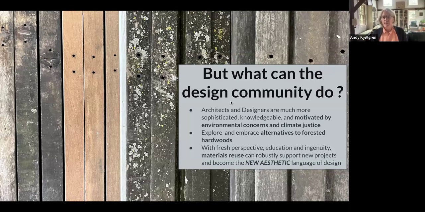But one of the key phenomena here is that in shifting our focus over to alternatives to forested hardwoods, we need to also shift our aesthetic. We're used to cutting down literally 800-year-old old growth trees. Years ago, we didn't even bother with the sections of the trees that had branches.